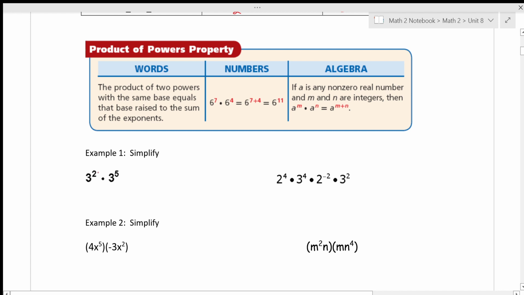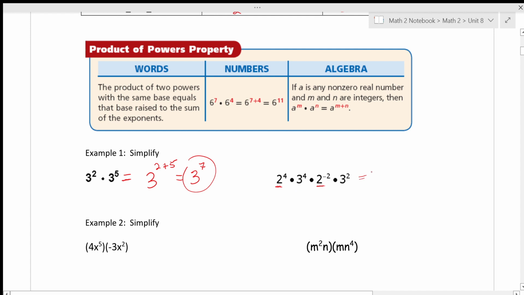So on this first one, example 1, 3 to the second times 3 to the fifth. Again, using our product of powers property, 3 to the second times 3 to the fifth would be 3 to the 2 plus 5, or 3 to the seventh. This one, we can only combine those terms that have like bases. So we have the 2's here, 2 to the fourth and 2 to the negative second.